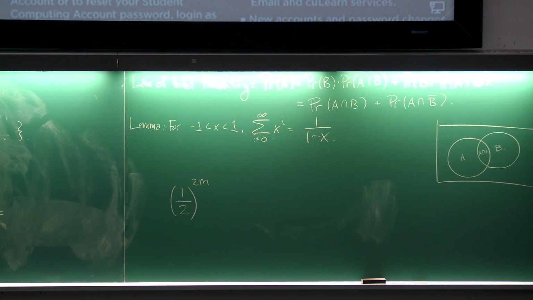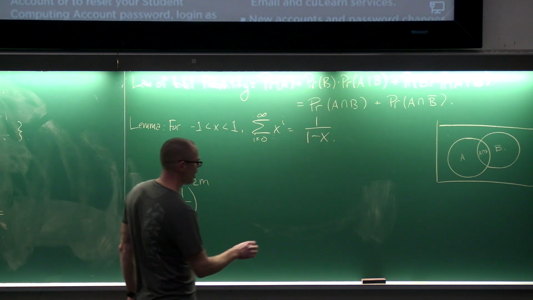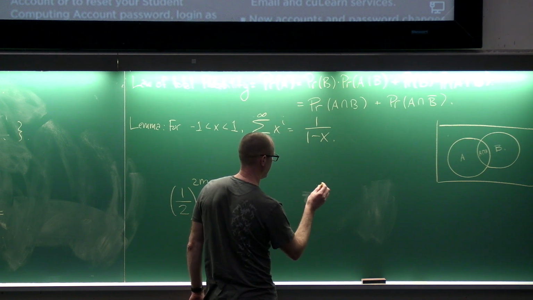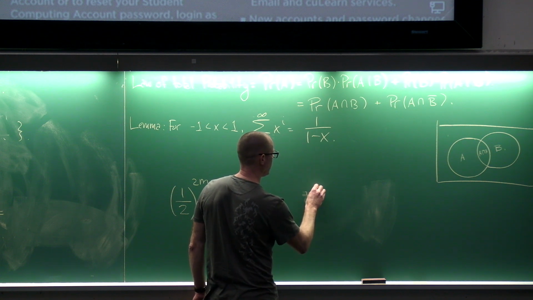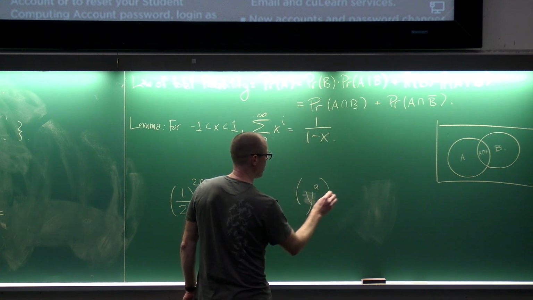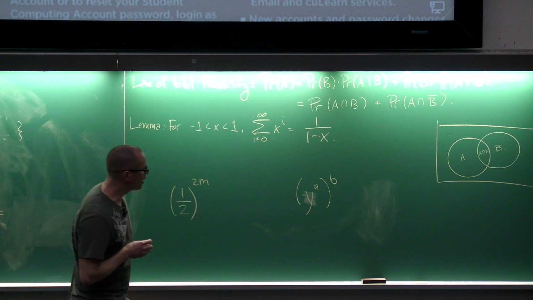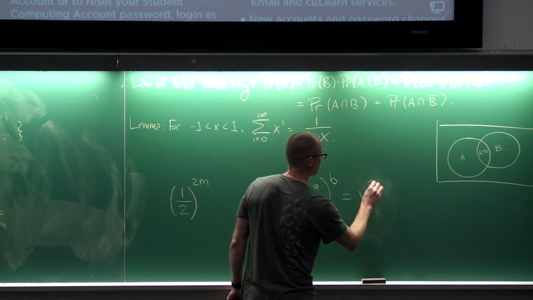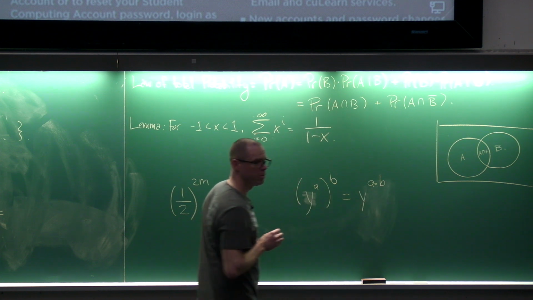Maybe you do or you don't remember how to work with these kinds of things. But in general, if I have anything, I'll call it y to the a, and I raise that to the power b, that's y to the a times b.